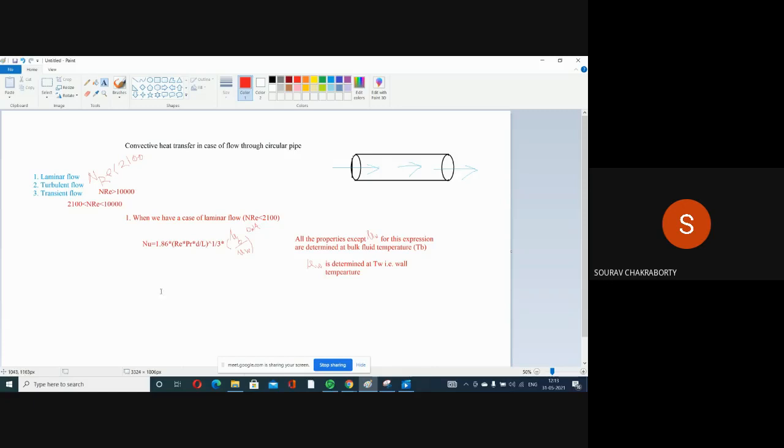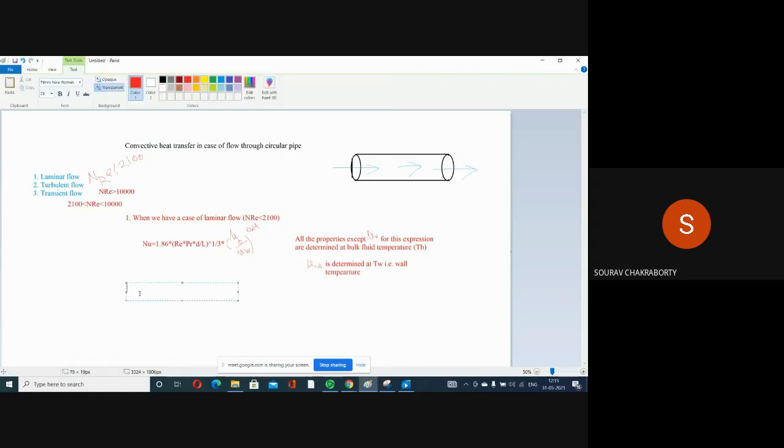The second case is when the flow is turbulent. Here we are representing Reynolds number as RE; earlier we represented it as NRE, but for simplicity we use RE.